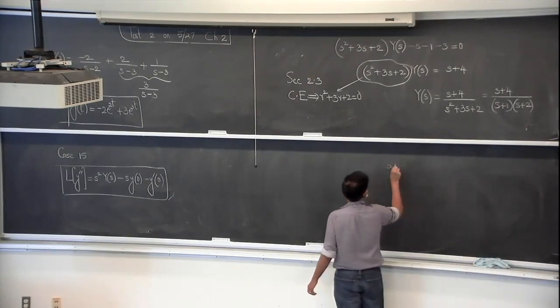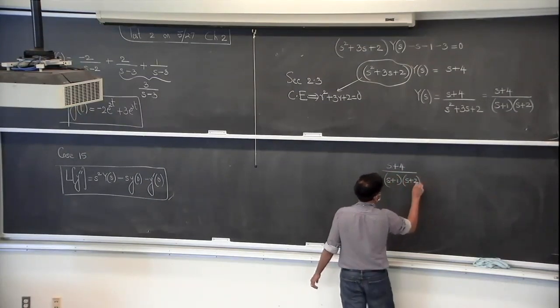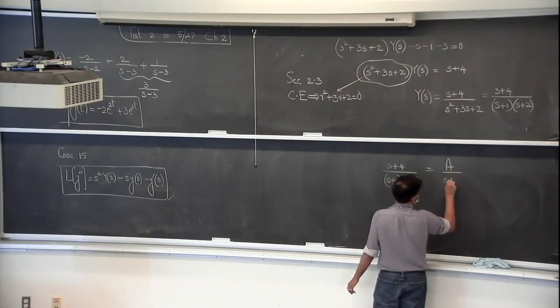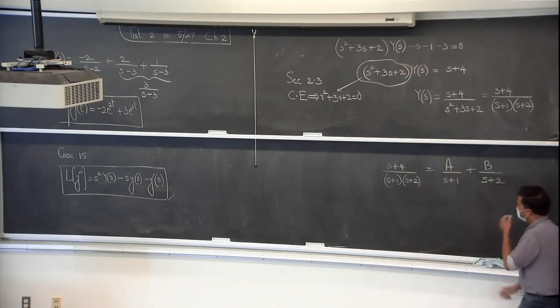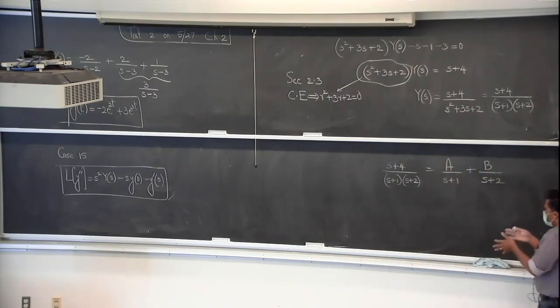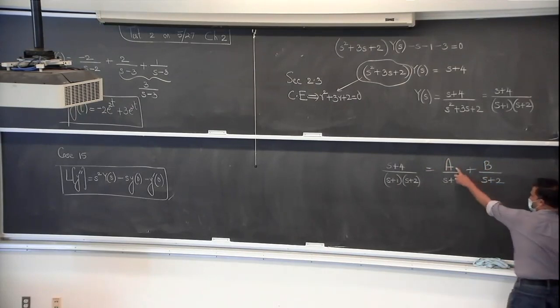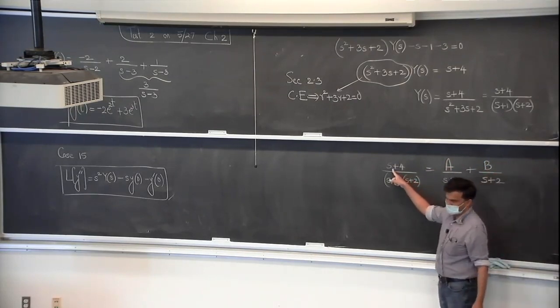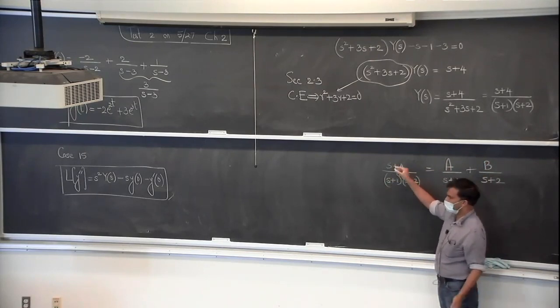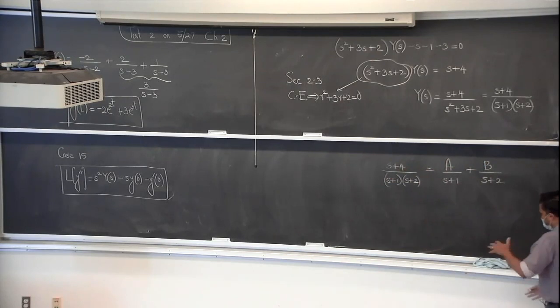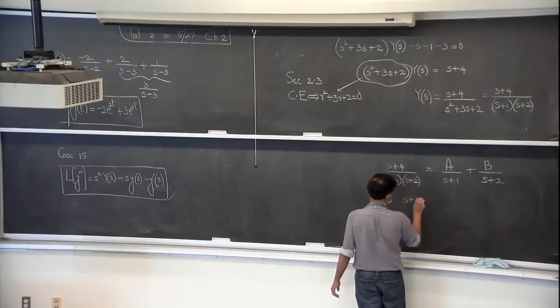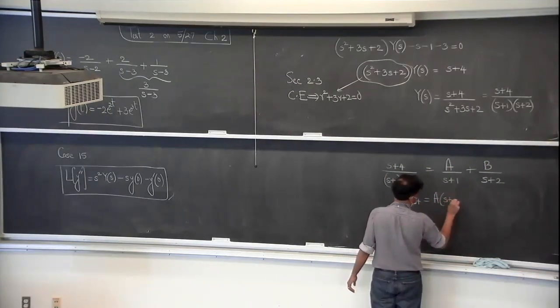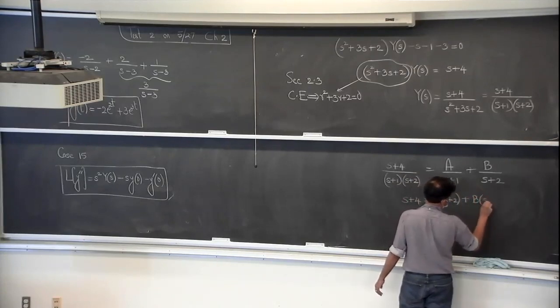So s plus 4 over s plus 1 times s plus 2 equal to a over s plus 1 plus b over s plus 2. It's the degree of the terms in the denominator that decides what you write in the numerator. Whether this is s plus 4 or whatever, that shouldn't affect it. If it is a higher degree, then we have a problem, but we won't get those kinds of situations here. So clear the denominator, so it's s plus 4 equal to a times s plus 2 plus b times s plus 1.